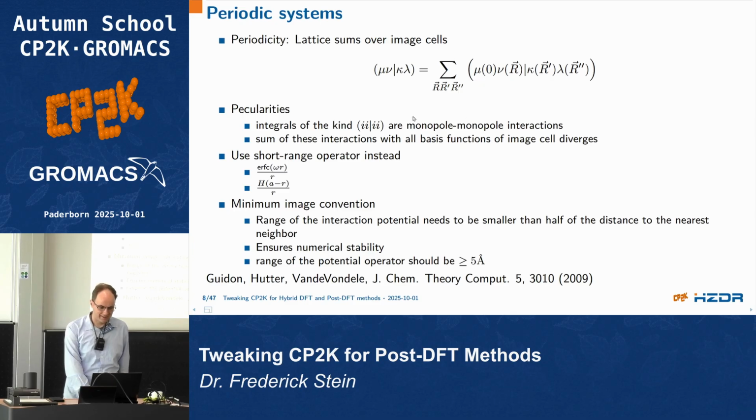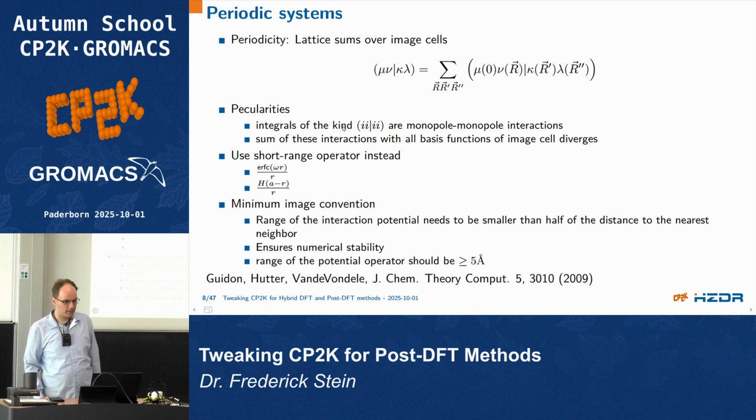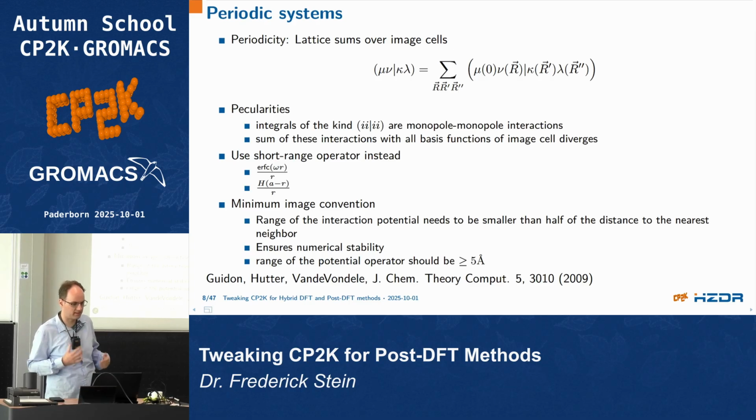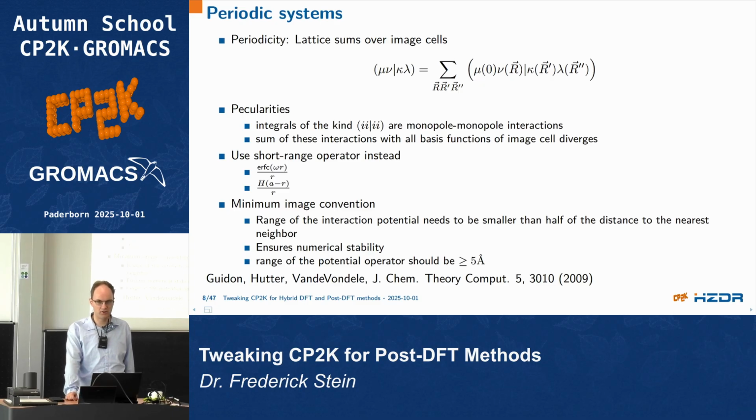Even worse, Hartree-Fock has integrals which basically look like this. So we have interactions of orbitals with themselves, and these are always monopole terms in an electrostatic sense. And monopole terms have the property that the potential energy decays as 1 over r. And if you now try to add this 1 over R over all image cells, then you will see pretty easily that the sum will diverge, meaning that in a periodic setting we cannot use the pure Coulomb interaction.